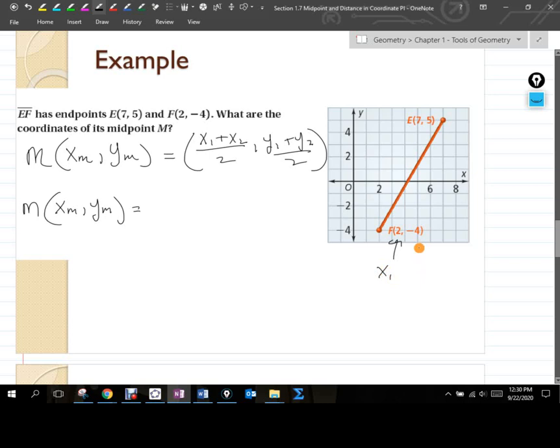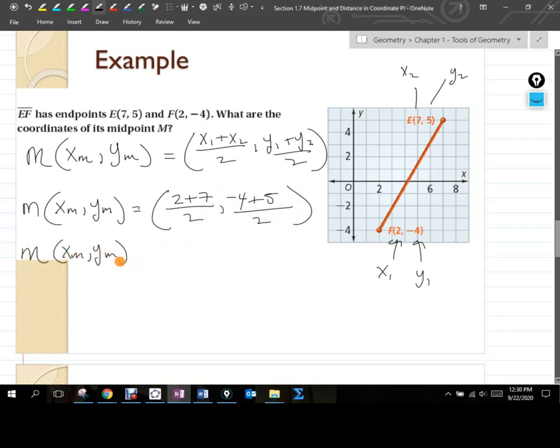So that one is (x1, y1), and that one is (x2, y2). Just plug them into your formula. We're going to have (2 plus 7) over 2, and then y1 is -4 plus y2, 5, over 2.